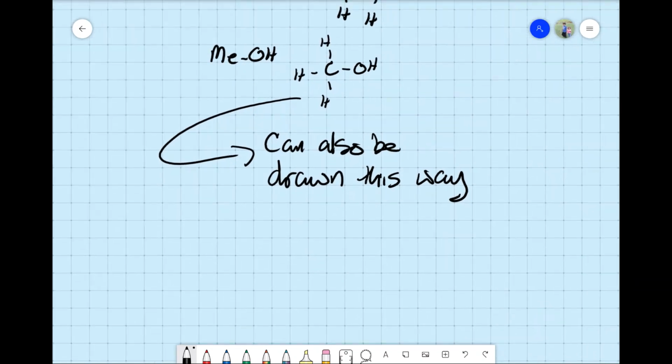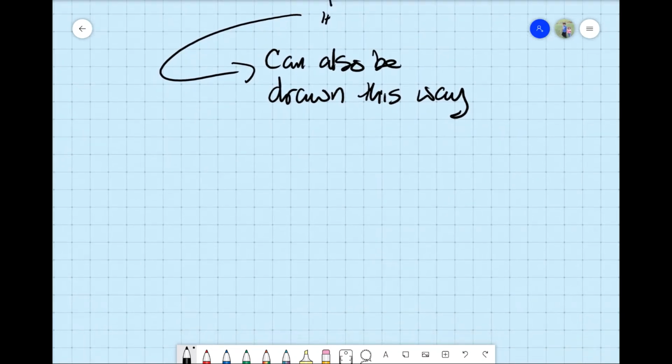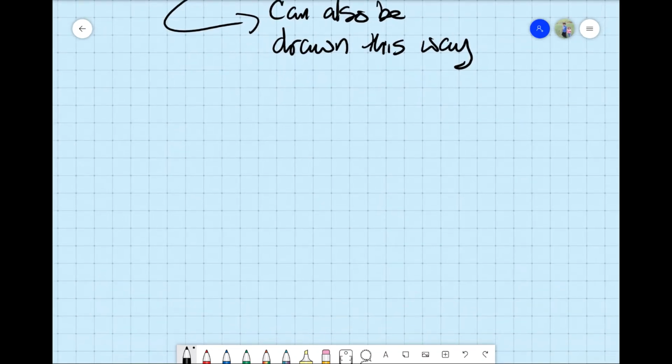Okay, so ethanol, we can also draw it this way. And I'm going to start off with everything that's in a single plane. So this carbon, and another carbon, excuse me, oxygen and hydrogen are all in the same plane, as well as this hydrogen.